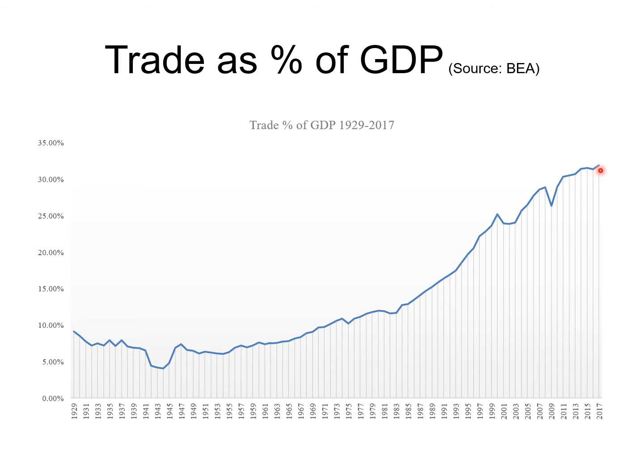Trade is a greater percentage of gross domestic product than ever before, and you also have the longest period of economic growth. All right? And so the data definitely supports the idea that what matters is less the direction of trade and more the volume of trade. And so a trade war which cuts volume of trade is a negative thing for the economy.